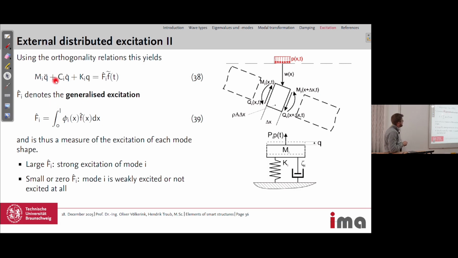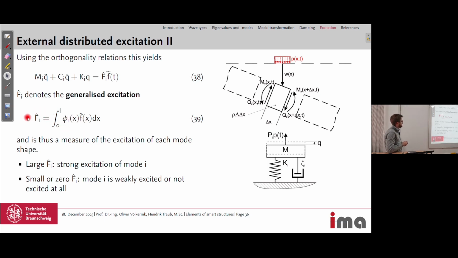And the capital F is the generalized excitation compared to the generalized mass and the generalized stiffness. And this is in each eigenmode I. So we have a function for the, let's say, overall excitation with respect to space, and we multiply it with the eigenmode.